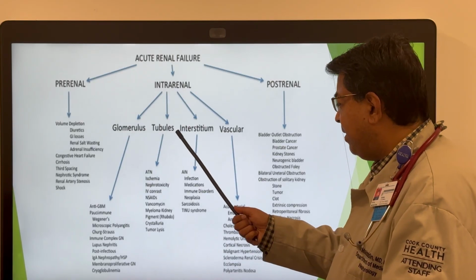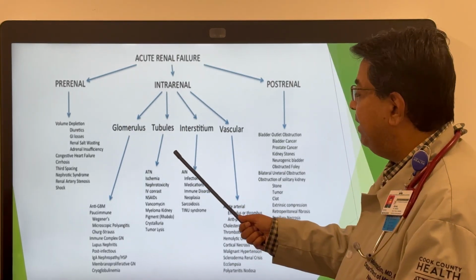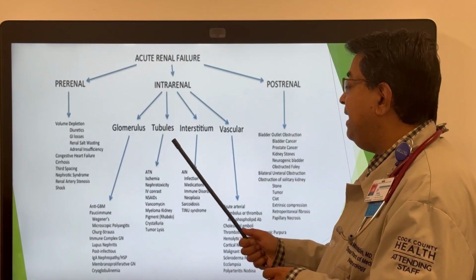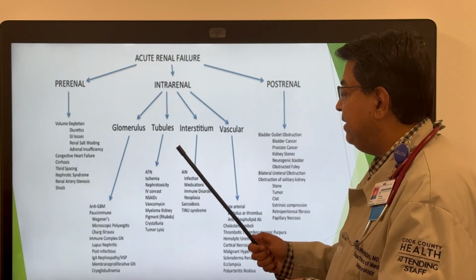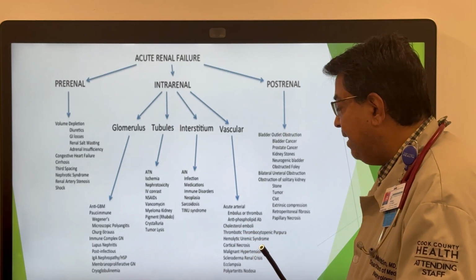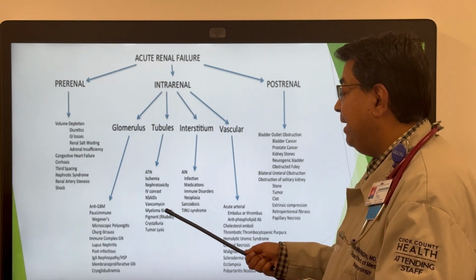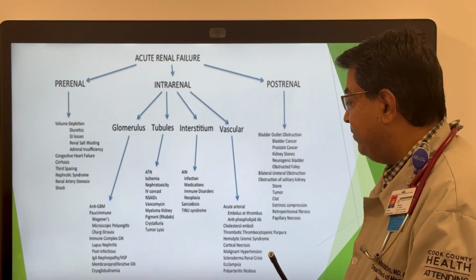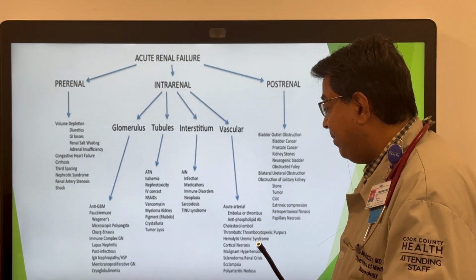In the tubular compartment, the most common thing you will see is acute tubular necrosis, ischemia, and then nephrotoxic agents, which are intravenous contrast, NSAIDs, or vancomycin. Myeloma kidney affects the tubules. Rhabdomyolysis, which is pigment-induced injury to the tubules, should also be remembered.